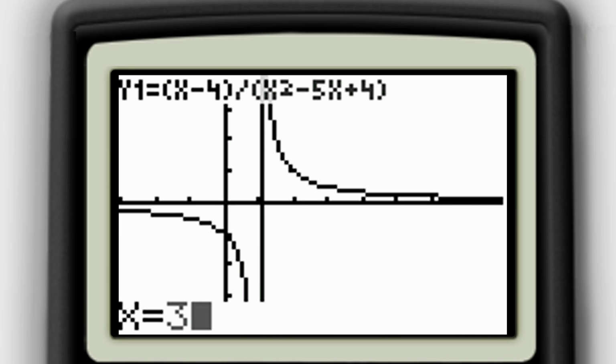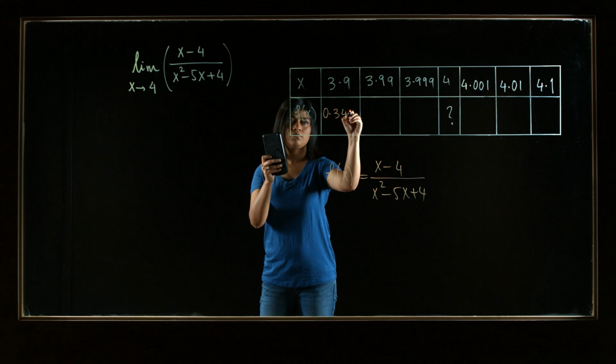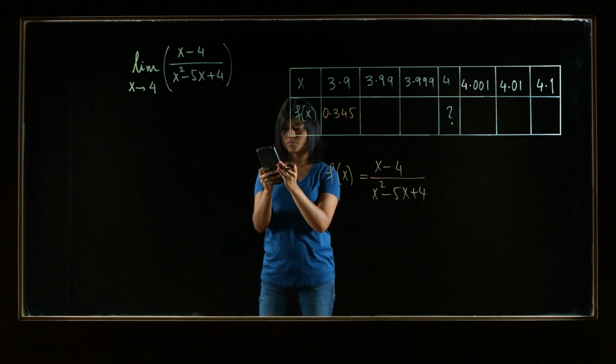So use trace and plug in x equals, let's start from the left hand side, so plug in 3.9. And we get a decimal. Let's just write down till 3 decimal places. So it is 3.345 for 3.9.